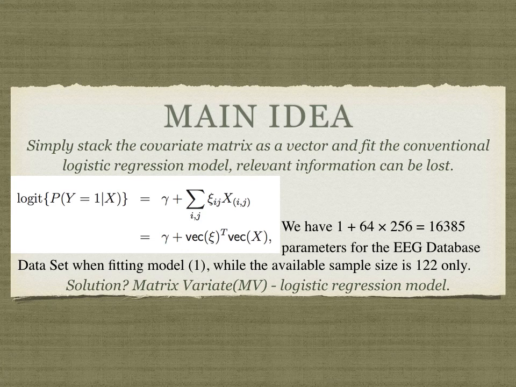Let's see the original, traditional, conventional logistic regression model. It models the probability that y equals 1, meaning the alcoholic group, conditioning on x, which equals gamma plus the sum over all i and j, rows and columns, of a constant coefficient times the entries of the matrix.